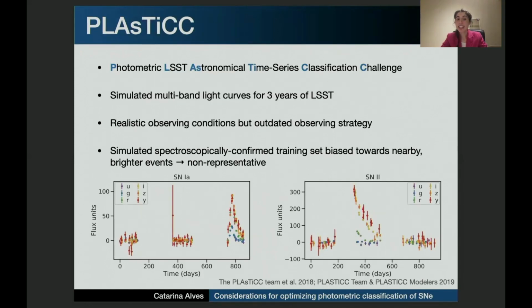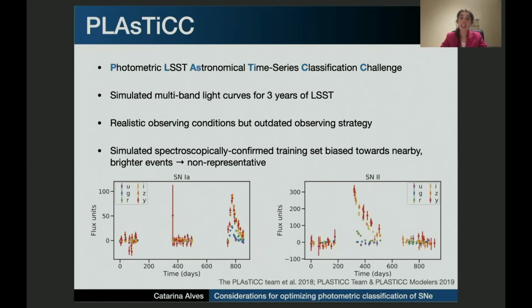We use the dataset from the Photometric LSST Astronomical Time Series Classification Challenge, also short PLAsTiCC. It consists of simulated multi-band light curves for 3 years of LSST, simulated under realistic observing conditions, but a now outdated observing strategy.